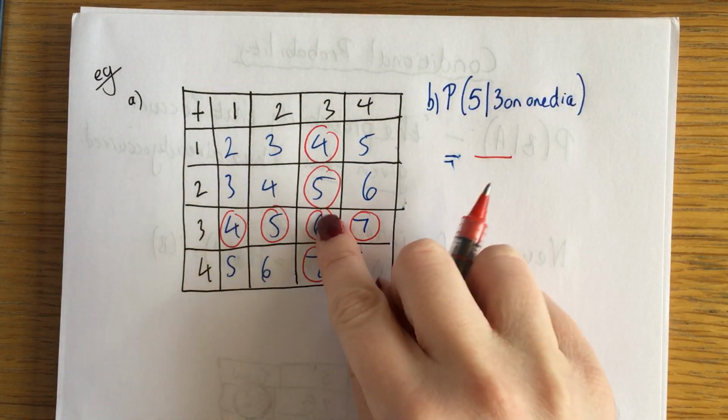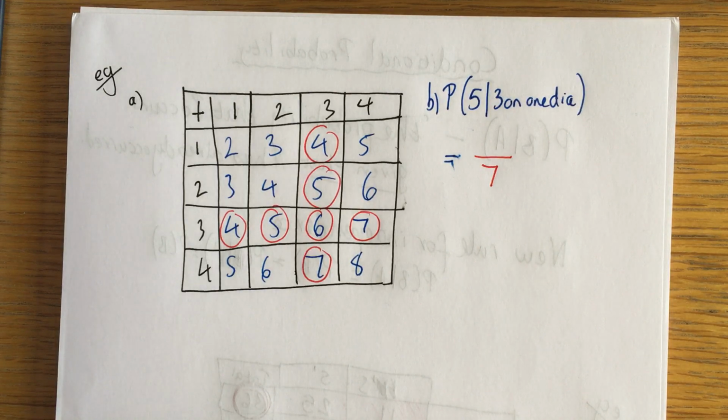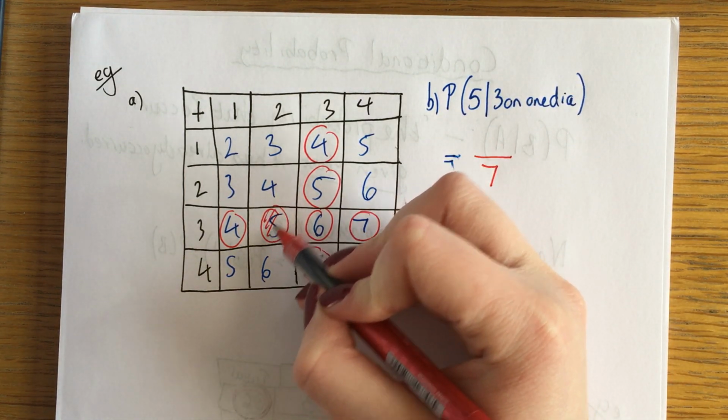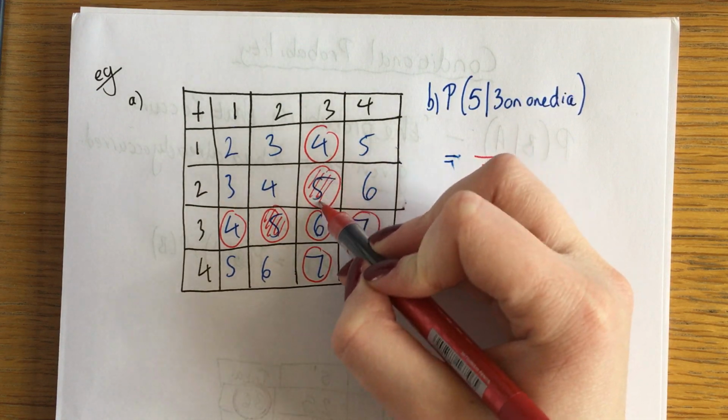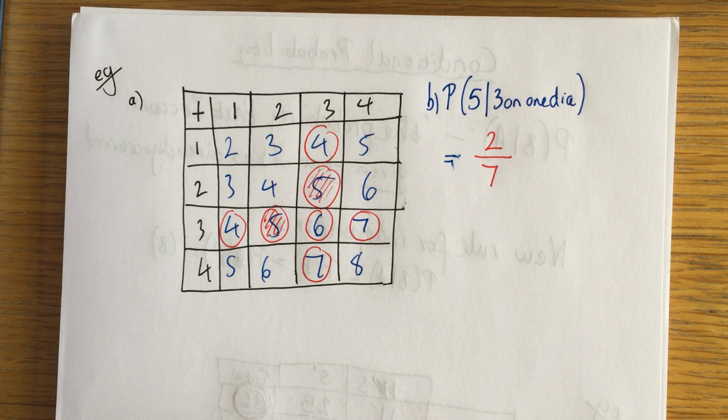So there are only 7 options where the dice has landed on a 3. And the likelihood of it being a 5 as the sum are 2 options out of 7. So drawing a sample space diagram is really, really helpful in this case.